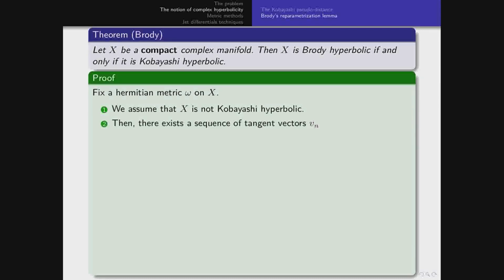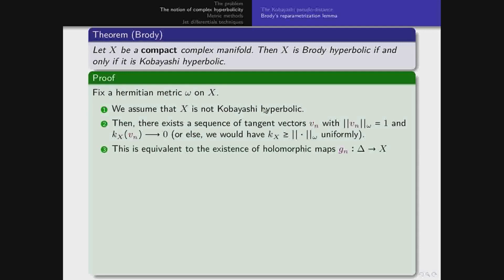So if X is not Kobayashi hyperbolic, it's not hard to see that you can find a sequence of tangent vectors v_n of norm 1 with respect to the Hermitian metric you have chosen, and such that k_X(v_n) tends to 0. If it were not true, you would be able to bound k_X from below by the Hermitian metric, and integrating you would see that the Kobayashi pseudo-distance would separate points, which would contradict our assumption.